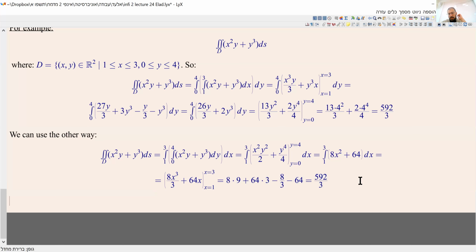So you asked how can we know for sure that it is legal to change the order of integration. Switching the order of integration is legal by Fubini's theorem.